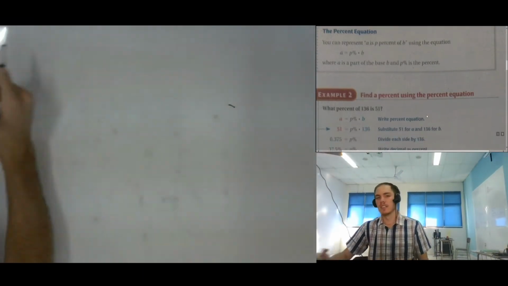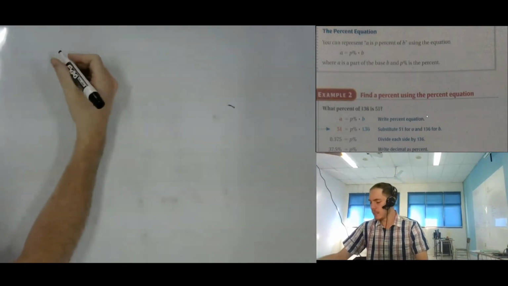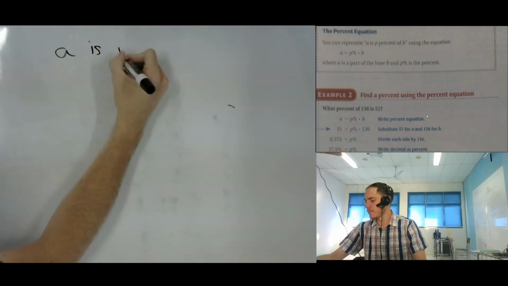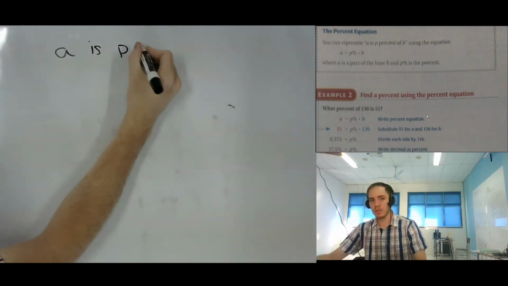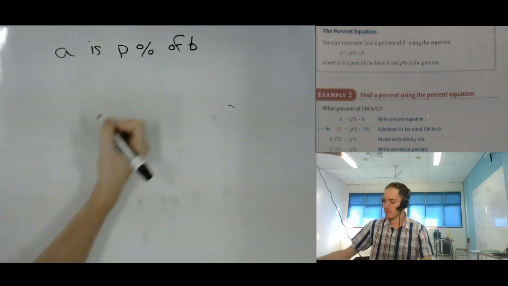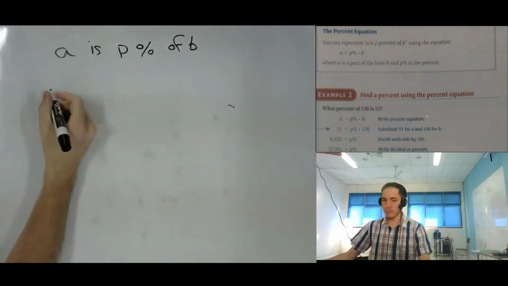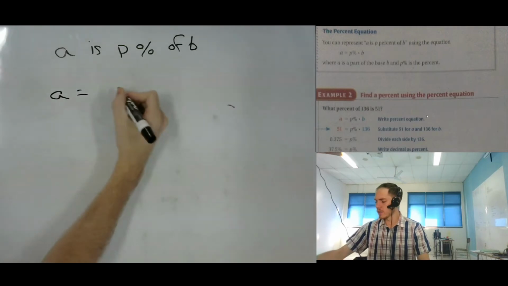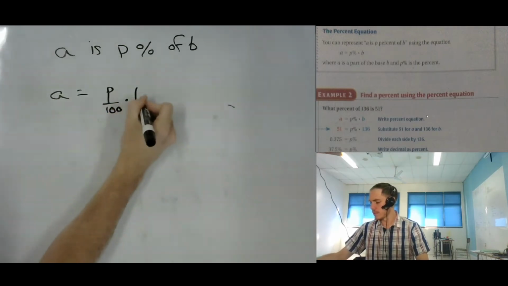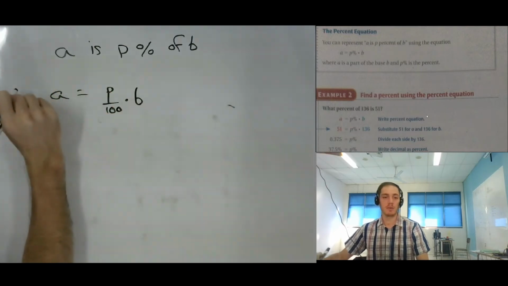So that's percent represents, so the percent equation: A is P percent of B. So A is P percent of B. Now, if you do it my way, this is A equals P over 100 times B. Now, was this similar to what we did before?